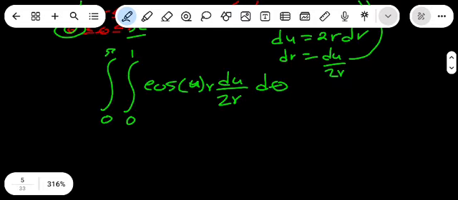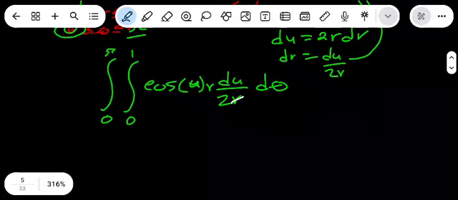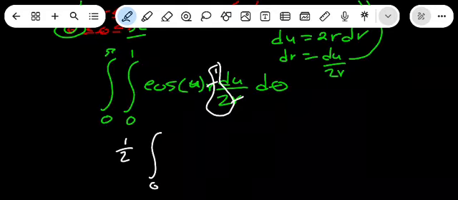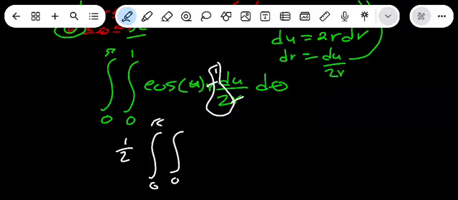So r and r will cancel. We can take 1 over 2 outside of the integral, and we are left with cos u du dθ.